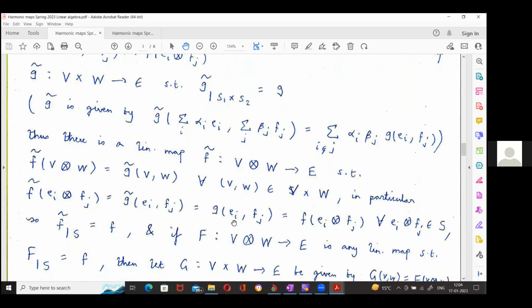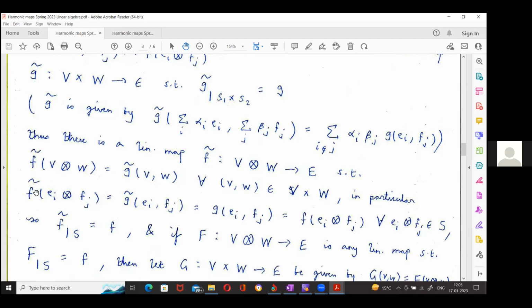And G of EI comma Fj was equal to F of EI tensor Fj; that's how we define G. So therefore we get a linear map from the tensor product to E, which extends the function F defined on the set S of tensor products EI tensor Fj.